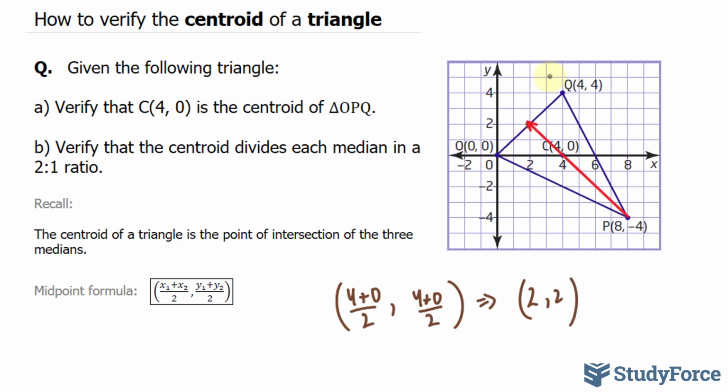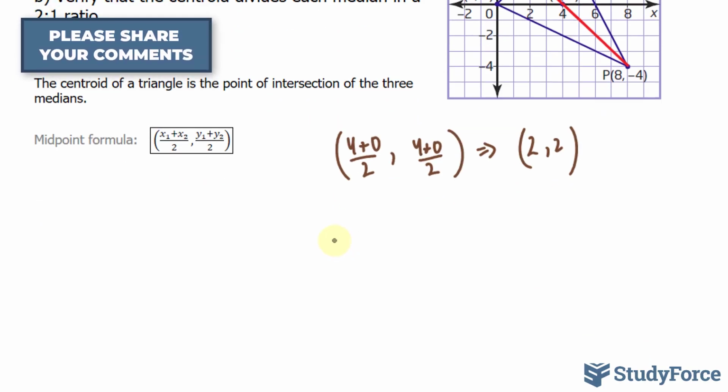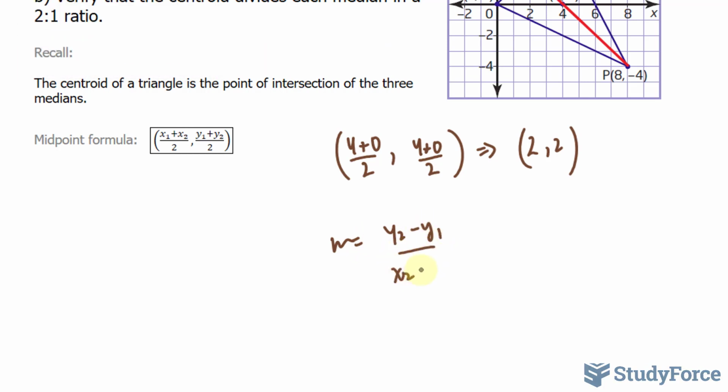Now through visual inspection, it appears that this line is passing through the midpoint, but we want to do this algebraically just so that we're 100% sure. What I'll do next is find out the slope and y-intercept of this red line. To find the slope, we can use this point along with 8 and negative 4. So the slope is y2 minus y1 over x2 minus x1.